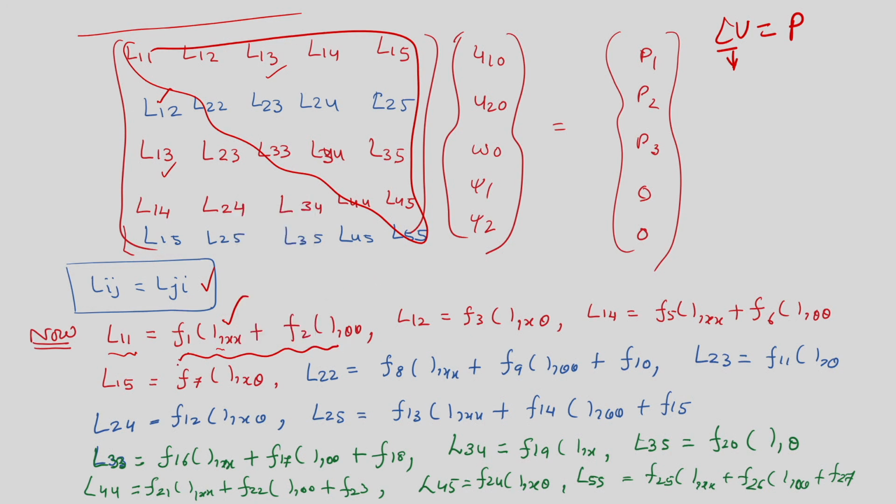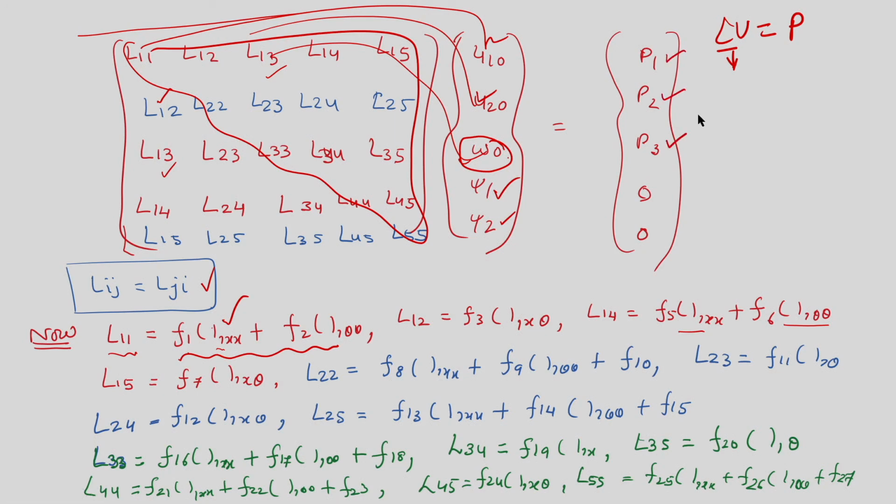L12 is u20 comma x theta. Because it is multiplied with this, in that way you can find it out. So, W comma xx and W comma theta theta. The only thing is that our fifth equation is placed here at third position. So, we have obtained this psi 1 and psi 2, and these are our loadings P1, P2 and P3.